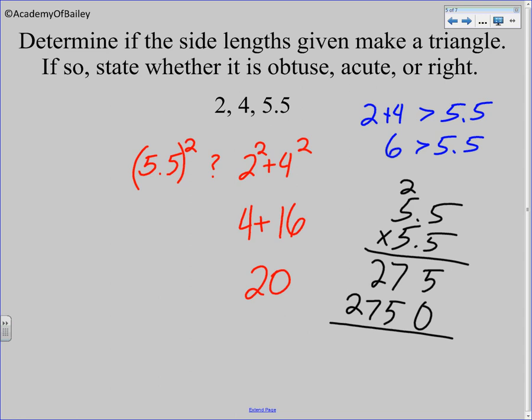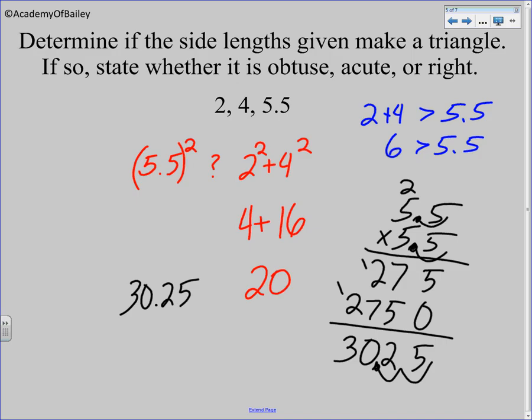And we add these up. We have 1 decimal place, we have 2 decimal places. So what do you know about 30 and 25 hundredths compared to 20? It is greater than. And once again, we have an obtuse triangle.